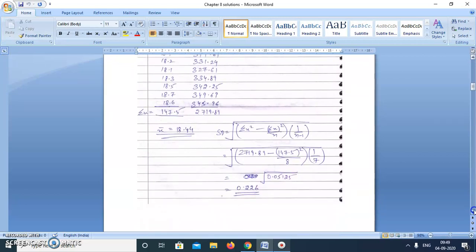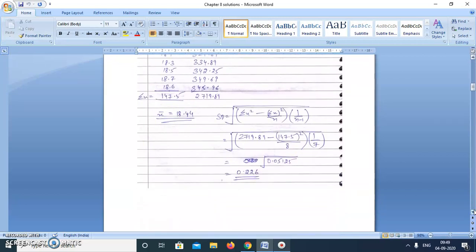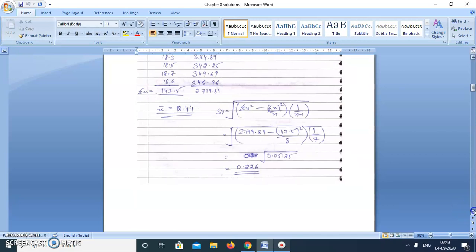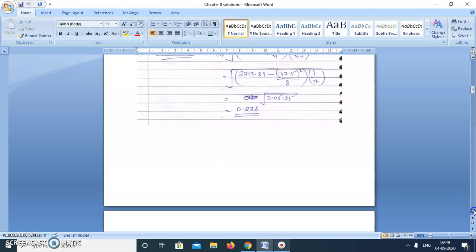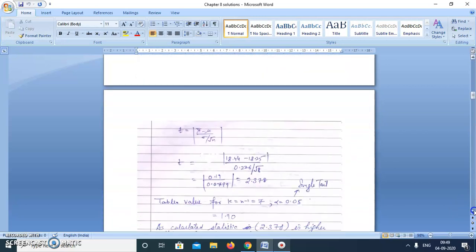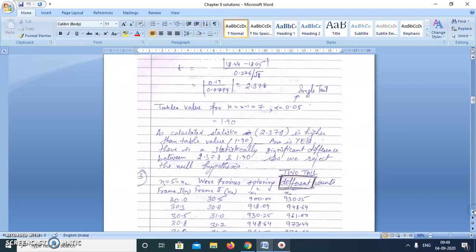Calculated value is 2.378, and for k is equal to n minus 1, that is 7 degrees of freedom, and alpha is equal to 0.05 for single tail, and for double tail we take 0.05 divided by 2, both sided.